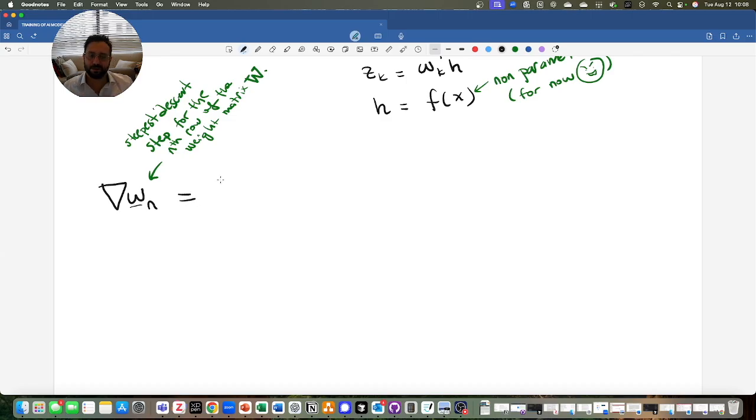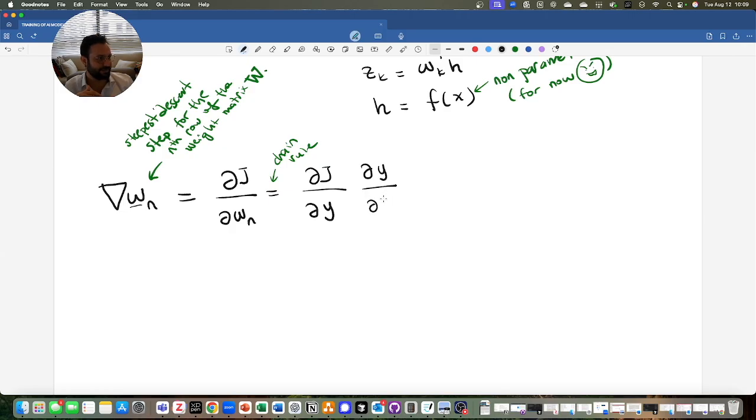So I know, due to the steepest descent, this is nothing but its derivative with respect to my cost, right? So dwn. But I cannot take it directly because the w doesn't exist, and I'm using the chain rule here, and so I can calculate dj over dy, and I can calculate dy over dz, and I can calculate dz over dw.